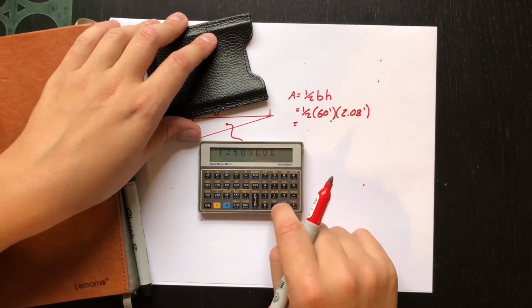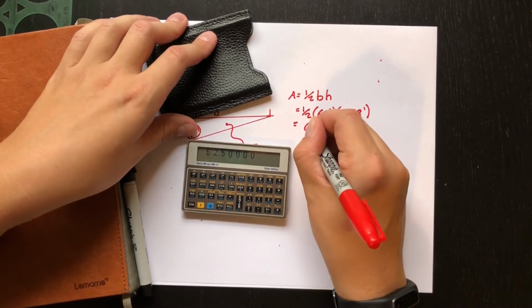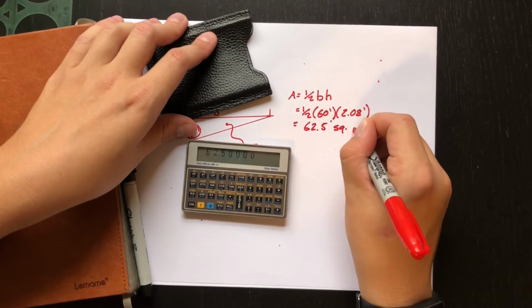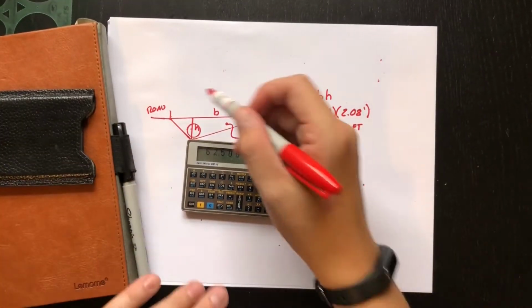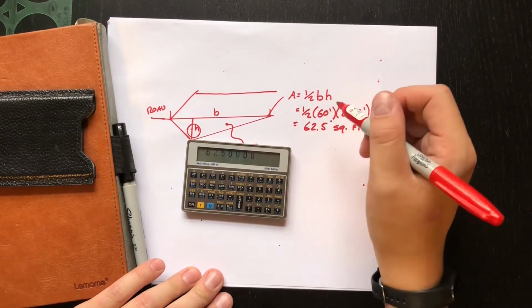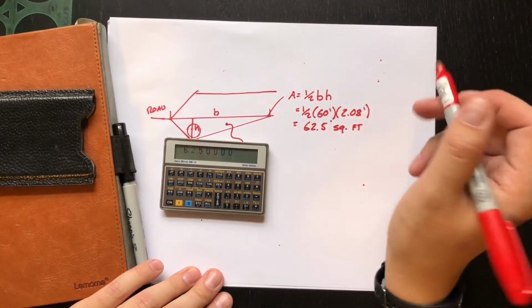So that gives us an area of 2.08 times 60 divided by 2. So that's 62.5 square feet. And now, just like with our other prisms, we gotta stretch the shape out by the width of the driveway. And I'm planning on a 16-foot wide driveway at this point.